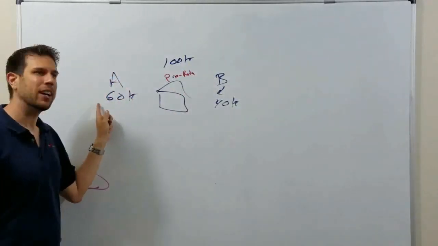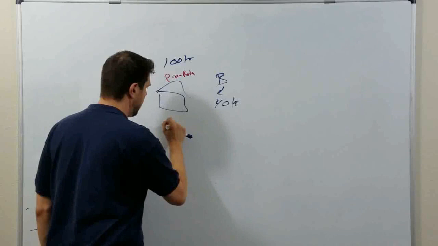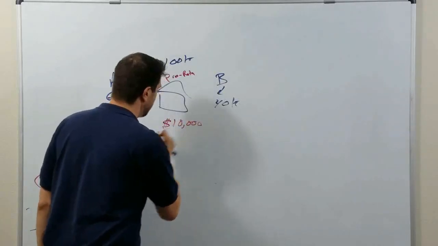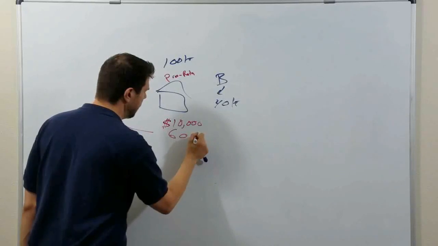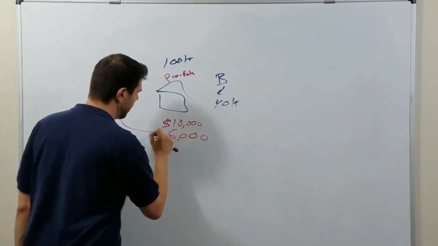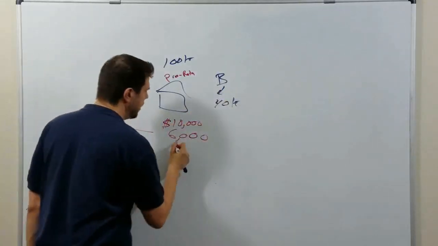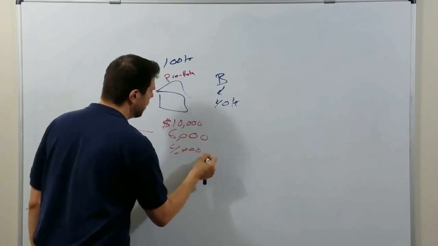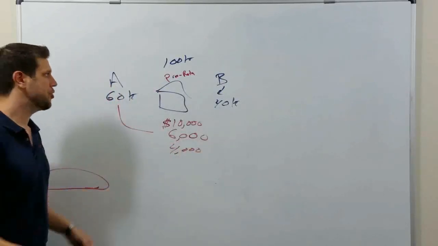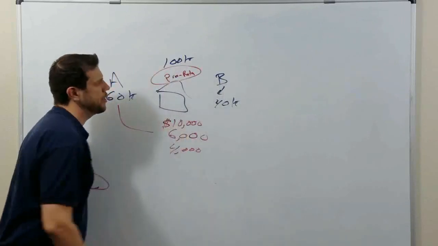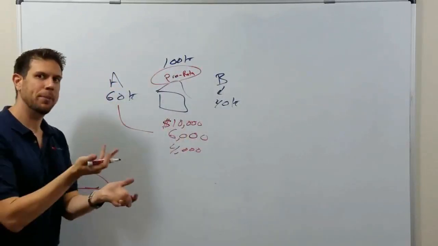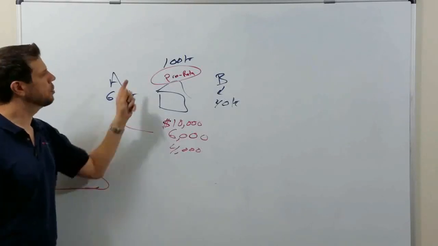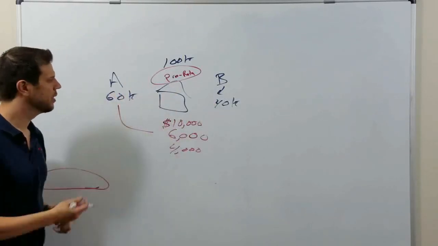If I have a claim of $10,000, Company A will pay 60% of that claim, which ends up being $6,000. Company B will pay $4,000. Under the other insurance clause, in property insurance, they share. Liability typically does primary and excess, whereas property insurance shares.